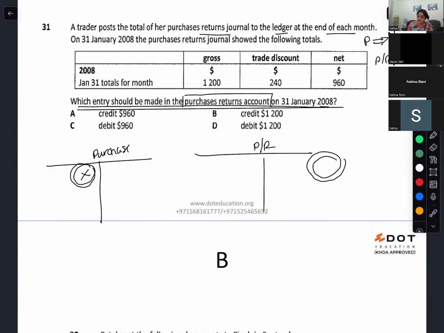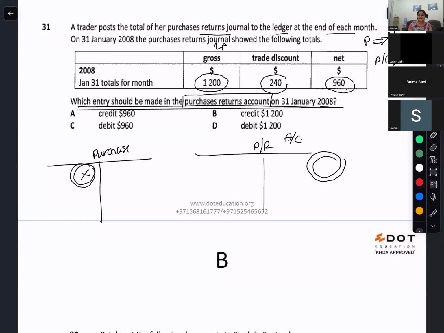So your purchase return journal showed this. Gross is the list price. Trade discount is the amount that you minus. So 960 is the net list price. What would go in your purchase return account? List price or net list price?